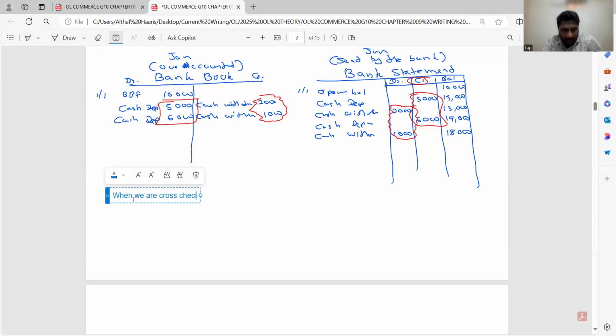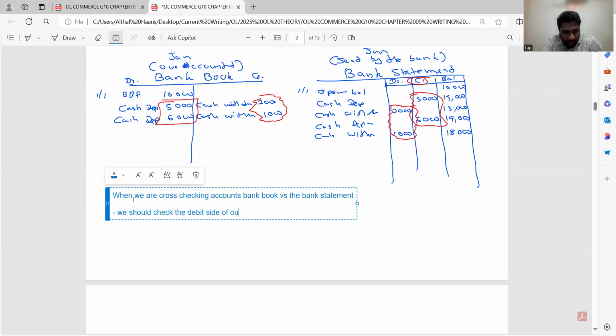When we are cross-checking the accountant's bank book versus the bank statement, we should check the debit side of our accounts with the credit column of the statement sent by the bank.